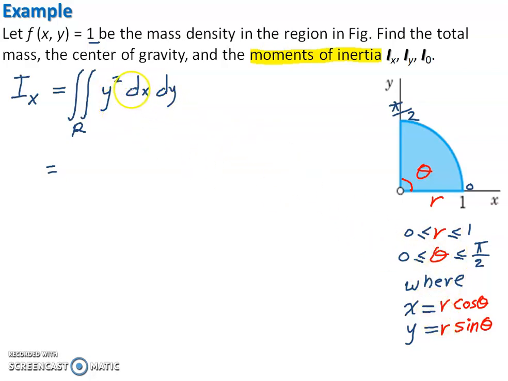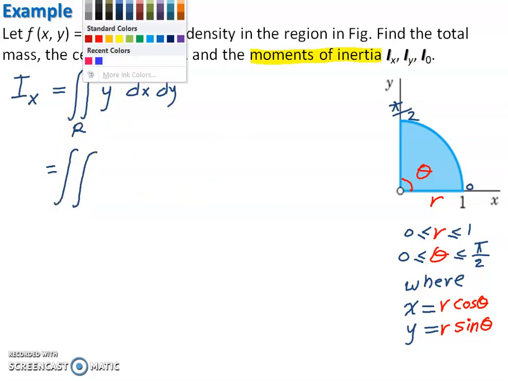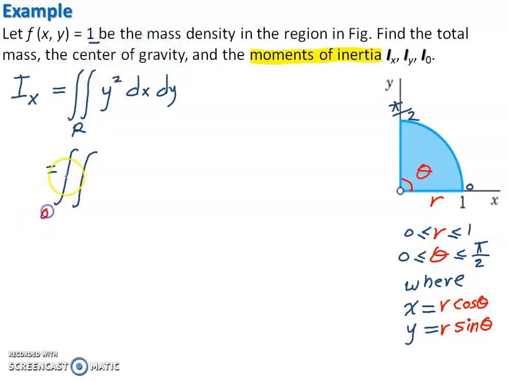We will change the variable from xy to r theta. So we will have two integrations. First integral is with respect to theta from 0 to pi over 2 and r from 0 to 1. Then y squared, the y is r sine theta, so squared will be r squared sine squared theta, and dx dy is equal to r dr d theta.